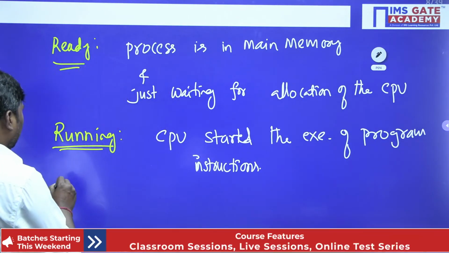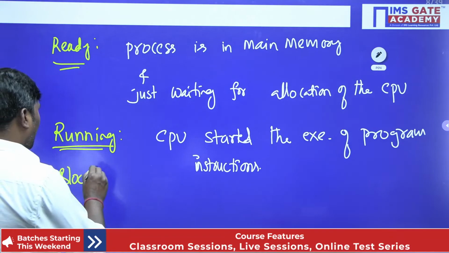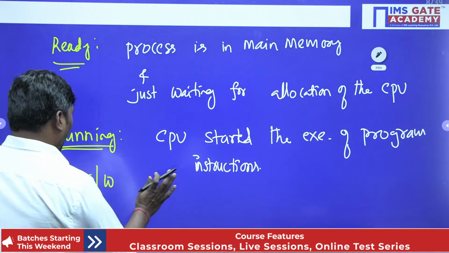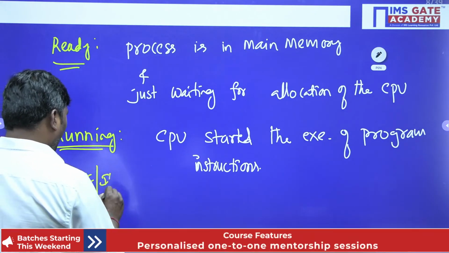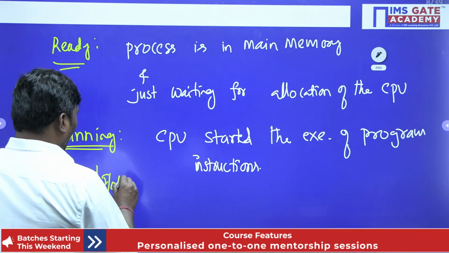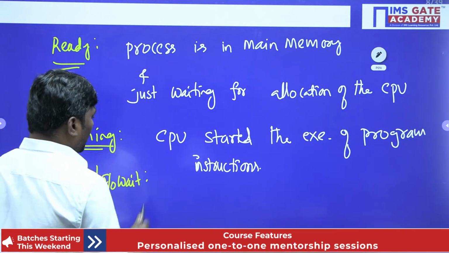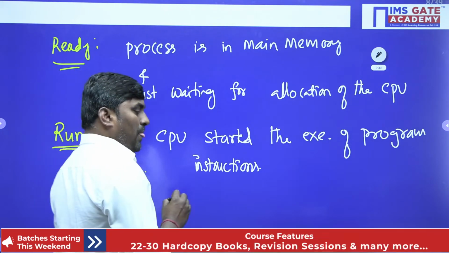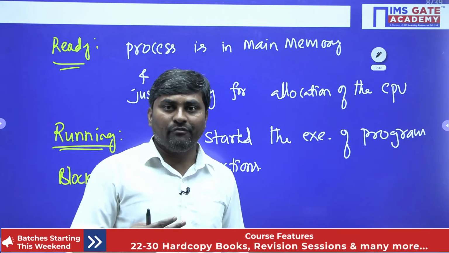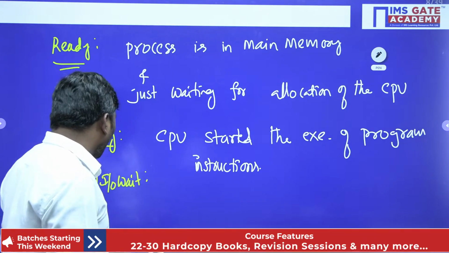Now the next state is block. The block state is also called IO wait state, or IO state. Please understand what the block or IO state defines here.